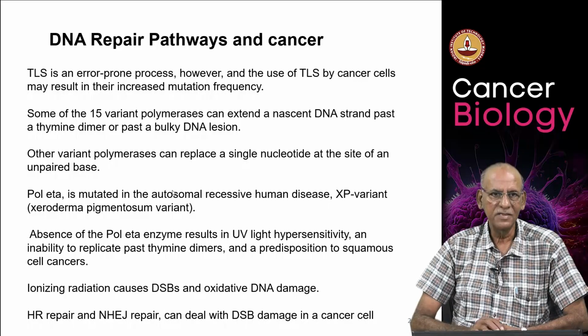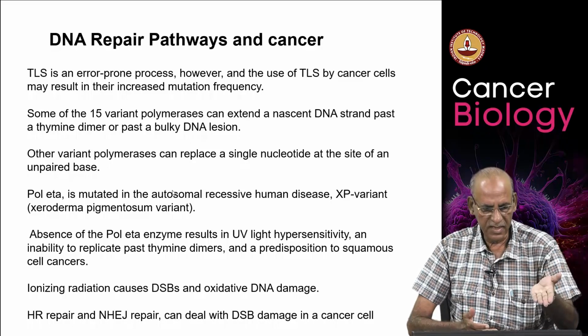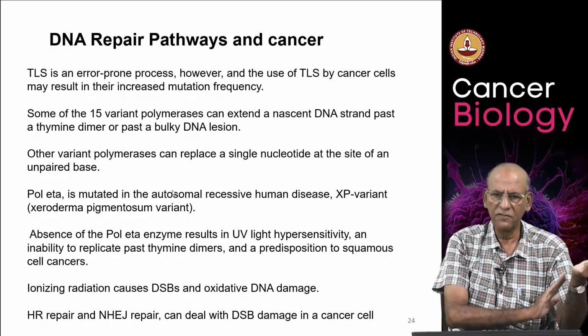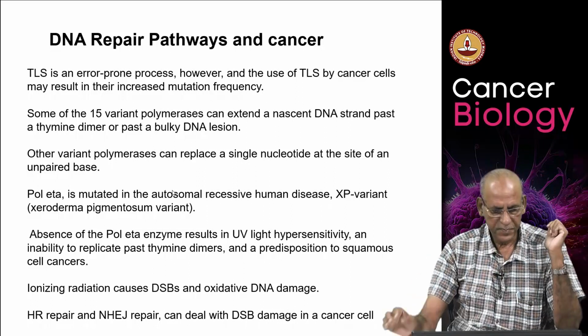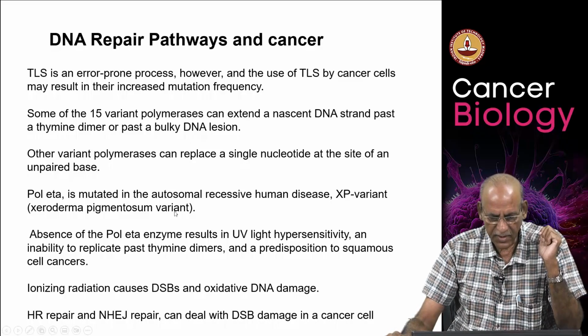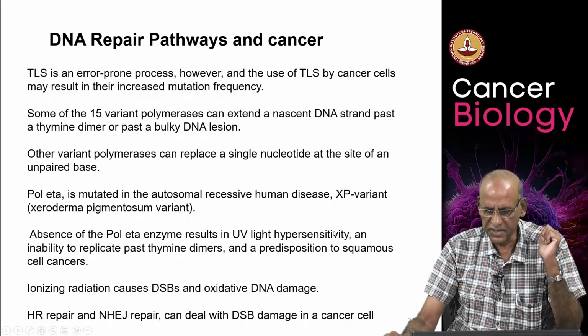What it means is that this pathway is important, and if Pol-eta itself is mutated, then you get into some types of cancer. In this case, it is called xeroderma pigmentosum, in reference to the skin. Absence of the Pol-eta enzyme results in UV light hypersensitivity.